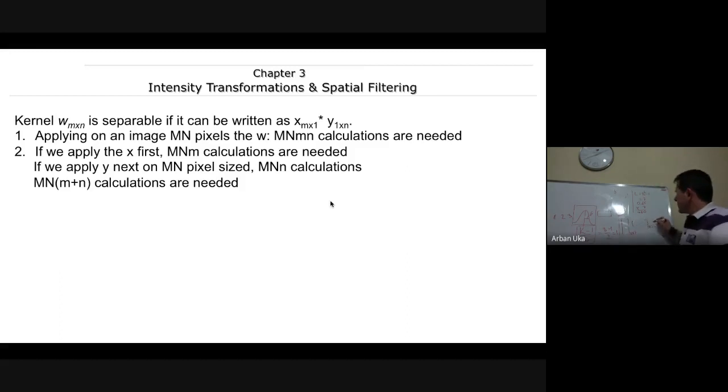If we multiply these two vectors, the result is going to be a matrix which is 3 by 3. So a 3 by 3 matrix can in principle be equal to any kernel that looks like here, right?